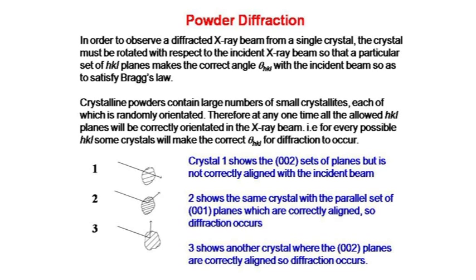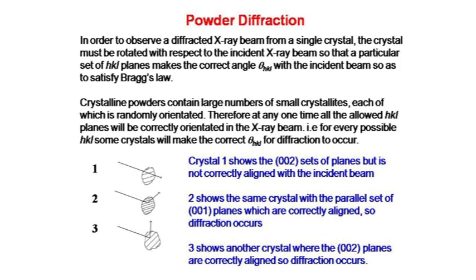Looking at the lines, they're more closely spaced, so this should be 001, this is 002. So this set of planes is correctly aligned, the same crystal, and diffraction will occur. So from this crystal we'll see what should be 002, and in this other crystal we can see that now the 001 planes are correctly aligned and we see diffraction.